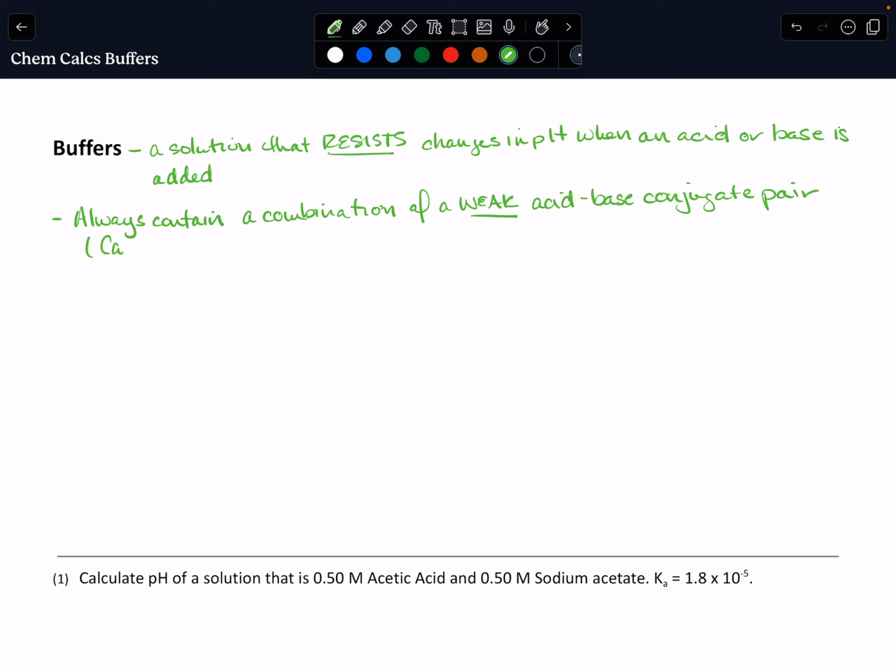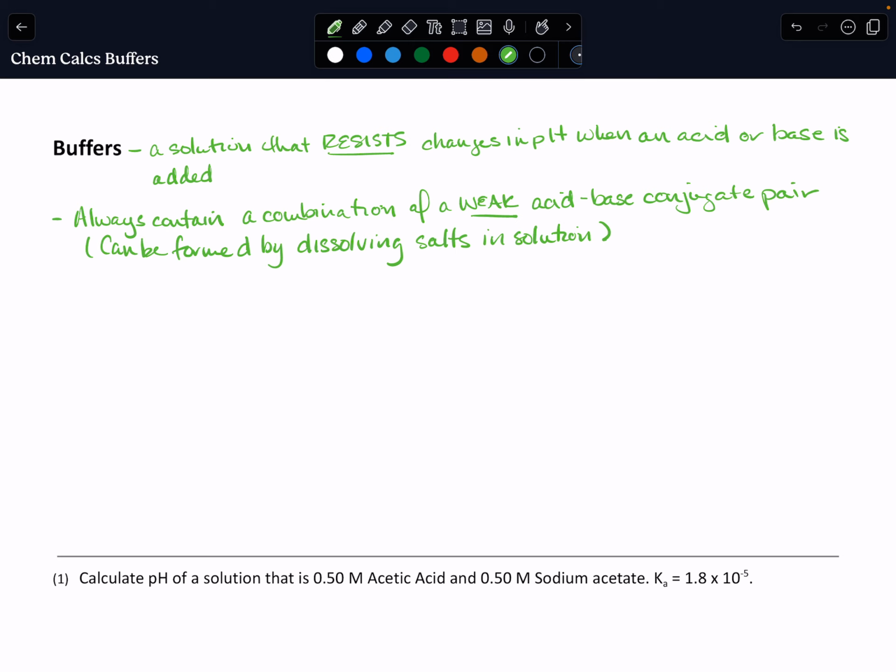All right, and these can be formed by dissolving salts in solution. All right, what do I mean by that? Well, let's say I have a source for acetic acid, but I need that conjugate base. Maybe I go into my stockroom and I get some sodium acetate.